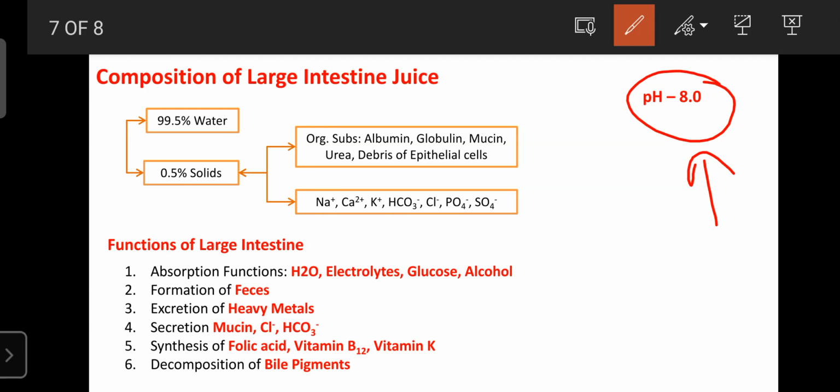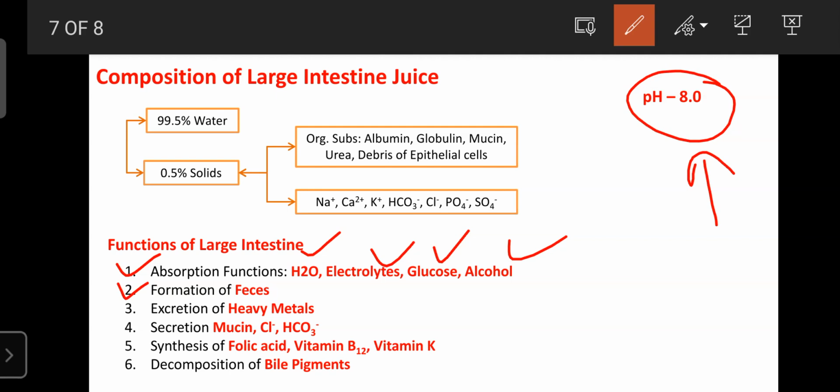Regarding the functions, it has absorptive functions. It is involved in the absorption of water, electrolytes, glucose, and alcohol. It is also involved in the formation of waste material after digestion, known as feces, which is formed in the large intestine due to the presence of bacterial flora.